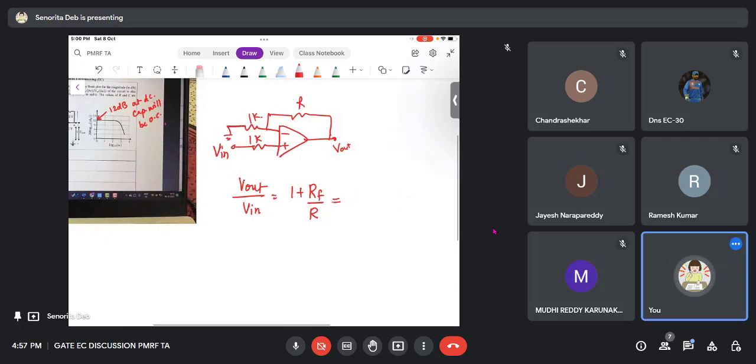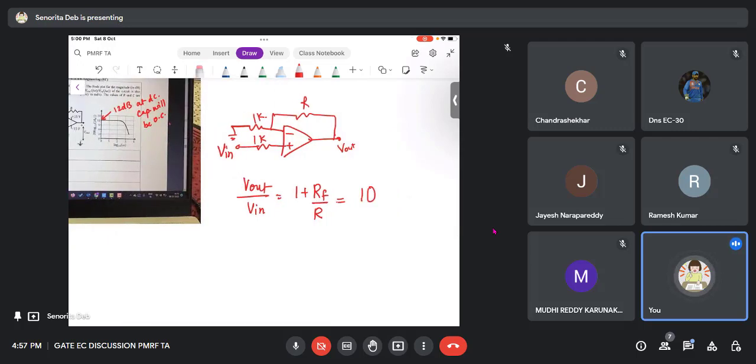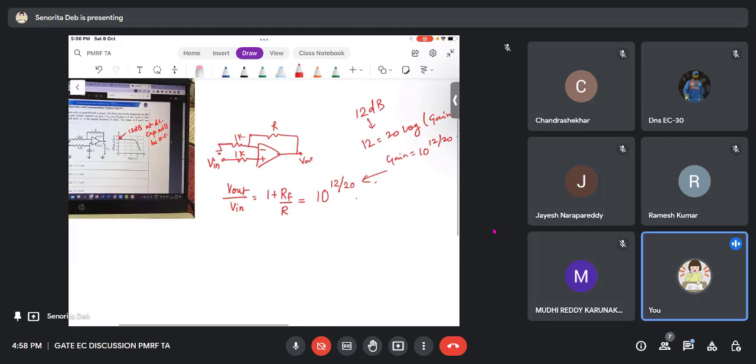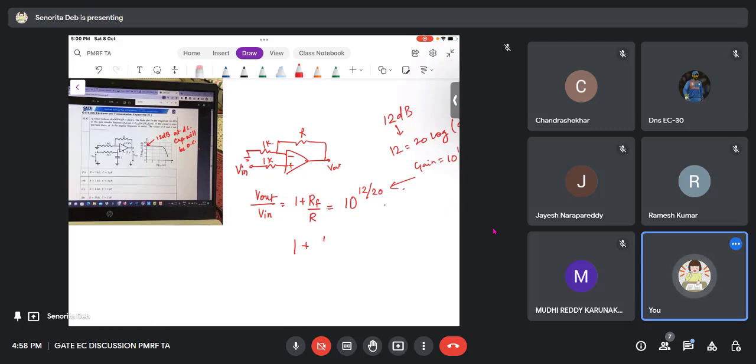Since it is 12 dB, 12 equals 20 log of the gain at DC, and therefore the gain is nothing but 10 to the power 12 by 20. From here I have taken this value. So 1 plus Rf is nothing but R by 1K, so whatever R we get will be in kilo ohms. What is 10 to the power 12 by 20?